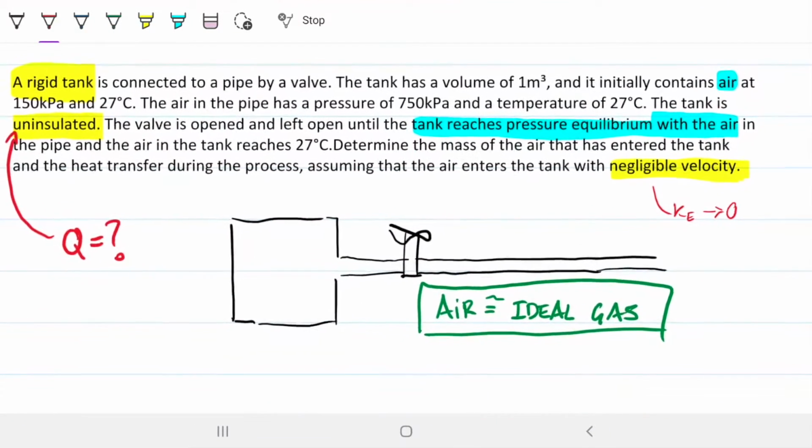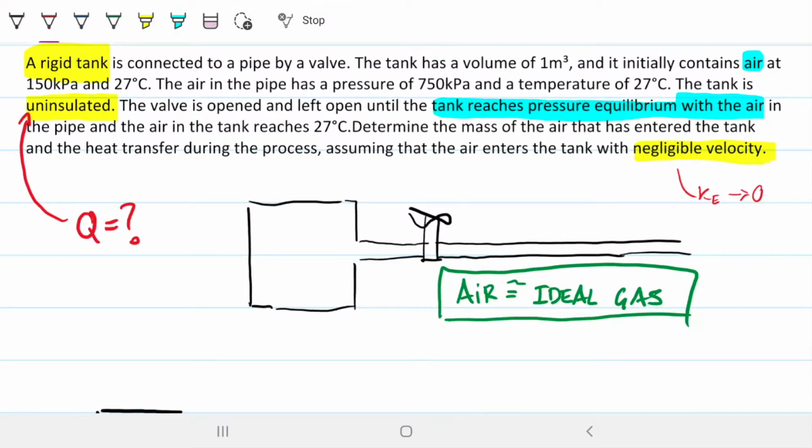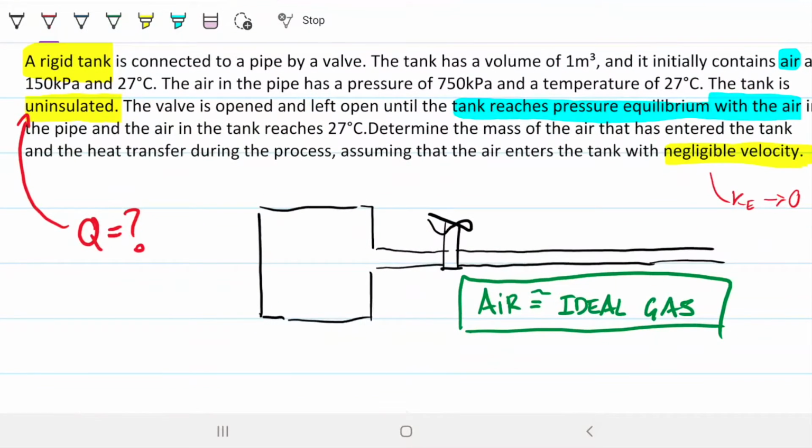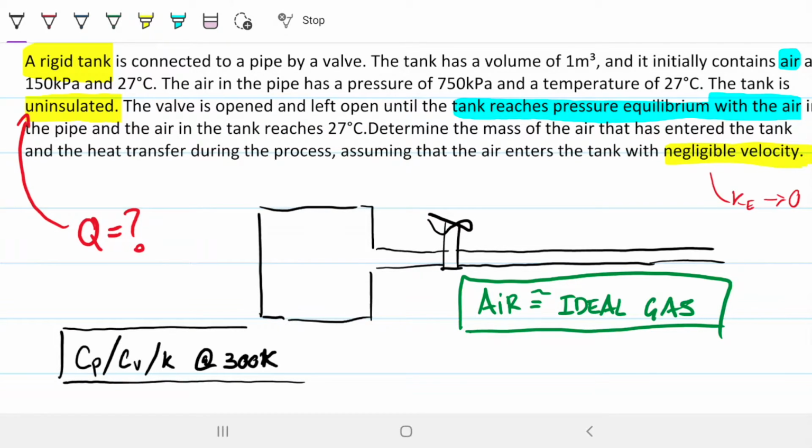Now the other thing I'm going to do before we start, in case you want to solve before I do, is we're assuming properties of air are constant and at 300 Kelvin. This is not explicitly said, but because we're dealing with an ideal gas, and because this problem does not assume we're going to use any property tables, we can go ahead and use Cp and Cv at 300 Kelvin.